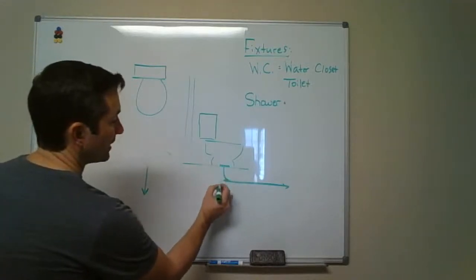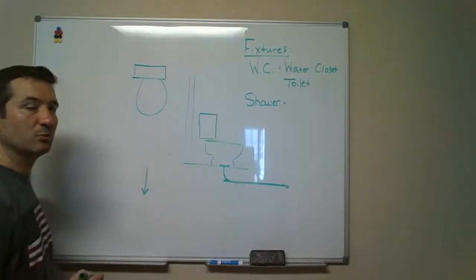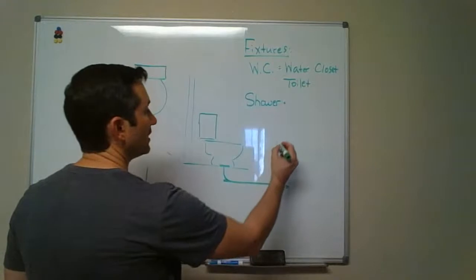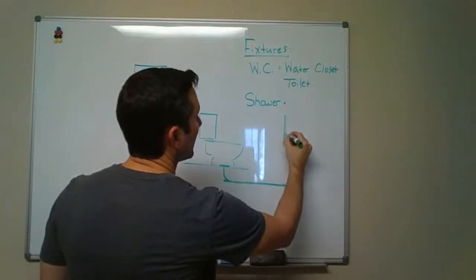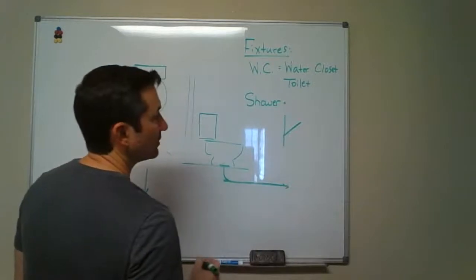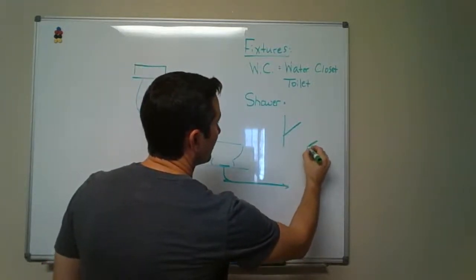Now, this fitting right here is a combination Y and an eighth bend. We talked about those as we looked at the fittings. Looking straight down on it, we had the fitting of a Y, which comes off at 45 degrees. We have an eighth bend, which turns 45 degrees.